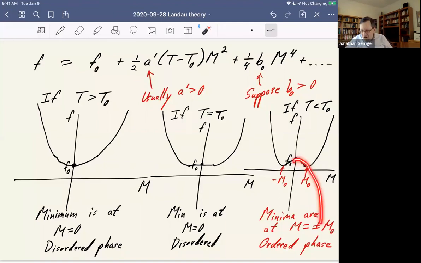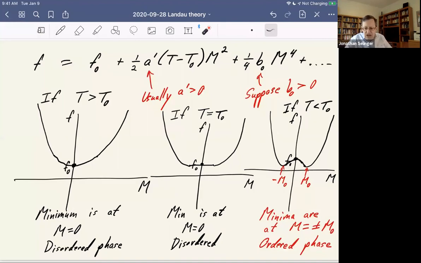Okay, so there would be no minimum, right? M would be driven to be positive or negative infinity. Right? In other words, the system would not be thermodynamically stable. And so I need the m to the fourth term in order to have something that is thermodynamically stable.